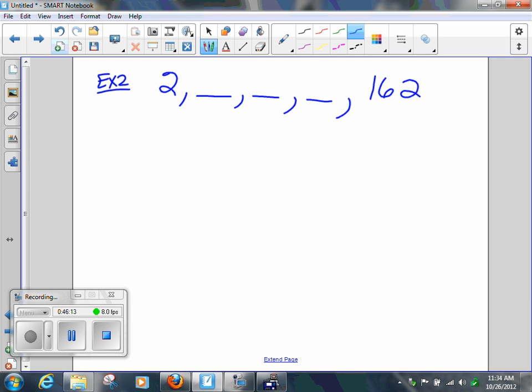Three blanks in the middle, got 162. Now I'm all about the formula, okay? So I'm going to use a sub n is equal to a sub 1 times r to the n minus 1.